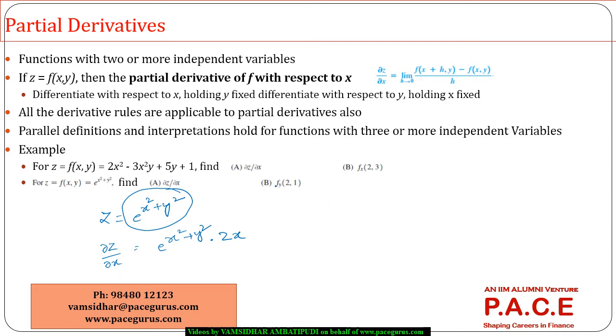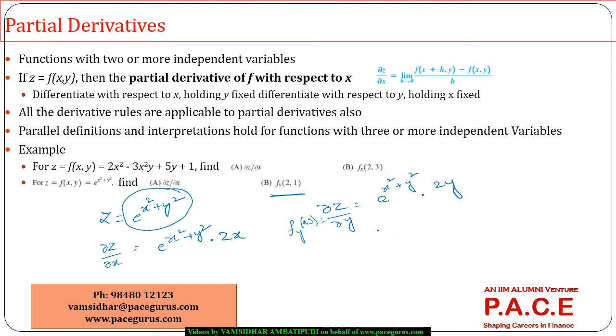And similarly, I require fy of 2 comma 1, which means first of all I need to find dou z by dou y, which is fy of x comma y. Again I'll find the derivative, which is e to the power of x squared plus y squared, times the derivative of x squared plus y squared. Now x squared is a constant, so it will be 2y.